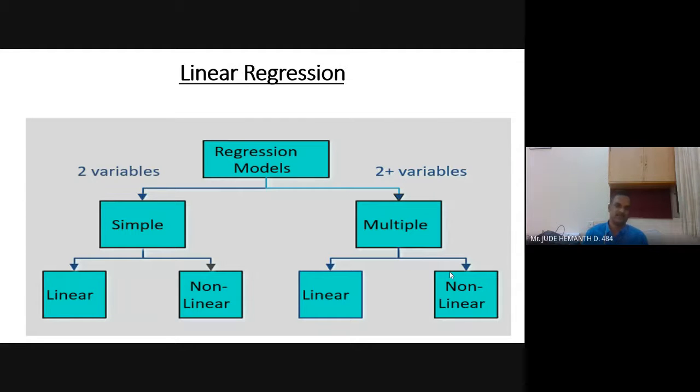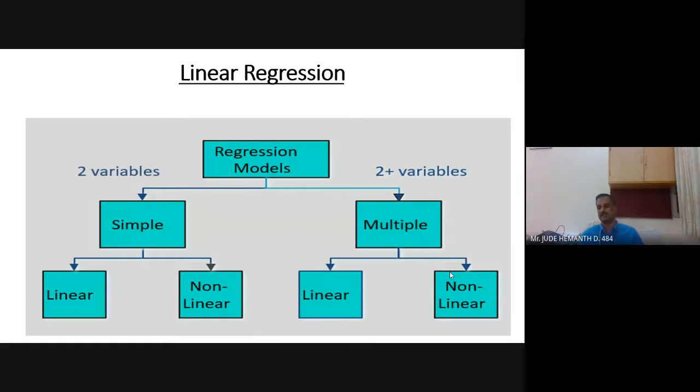Right? So regression models, if you have just two variables, one dependent variable and one independent variable, then it is called as simple regression model. Right? Or if you have more than one independent variable, then we are going to call it as multiple regression model.